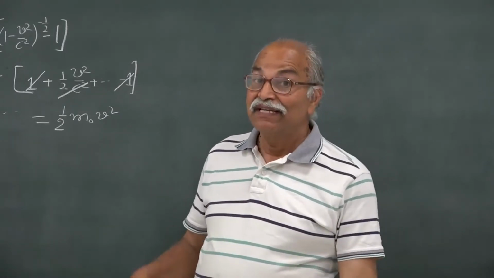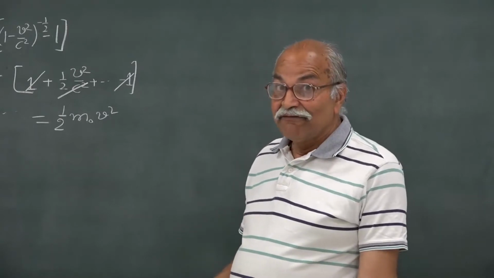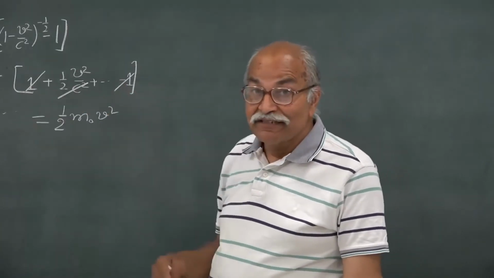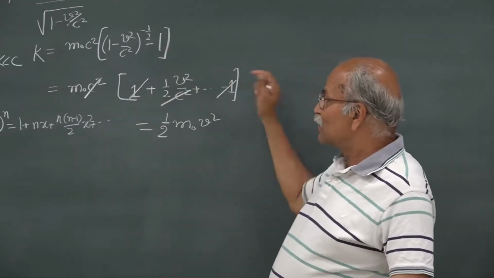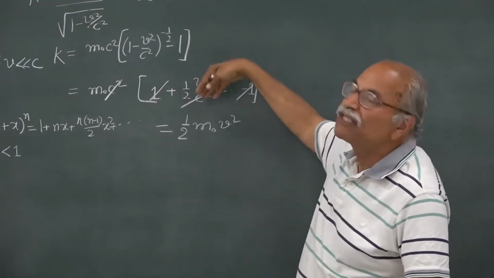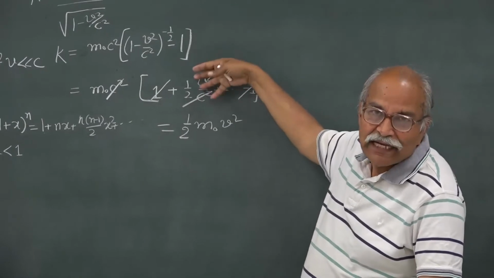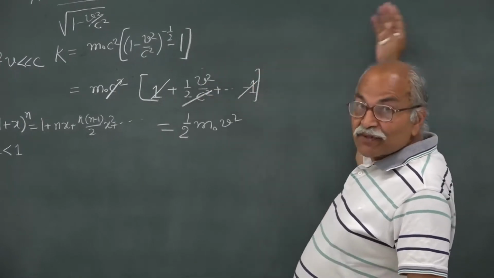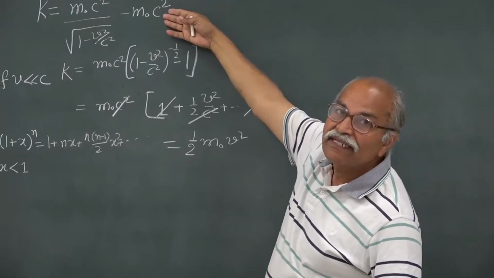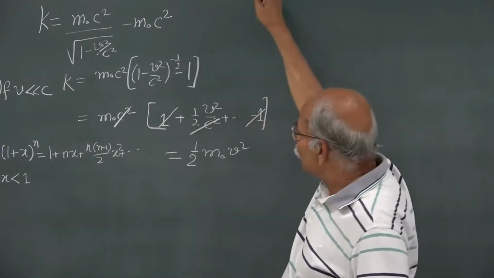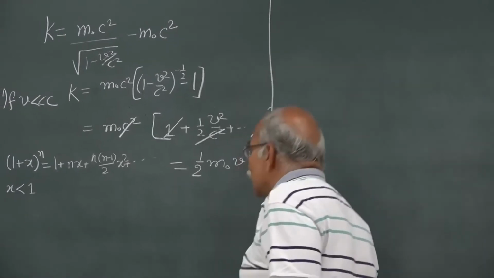But if it is large, if it is comparable to c, then of course, I cannot do this analysis, because then v by c is not very small as compared to 1 and I must retain higher terms also. Then you have to use this exact expression. So, that is about the low velocity limit.